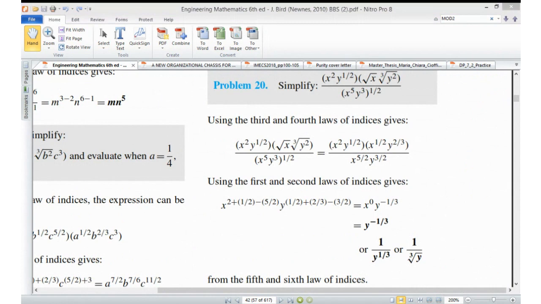We are told to simplify that expression there: x to the power 2, y to the power half, all in brackets, root of the square root of x, cube root of y squared, and in the denominator side we have x to the power 5 multiplied by y to the power 3, all raised to the power half.